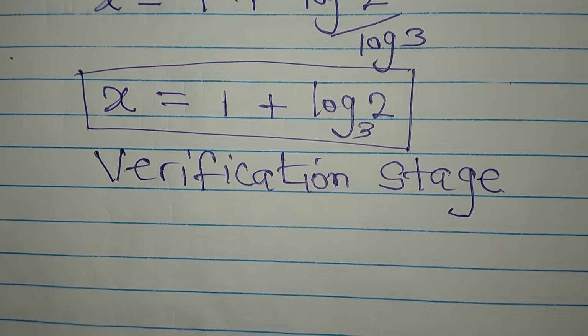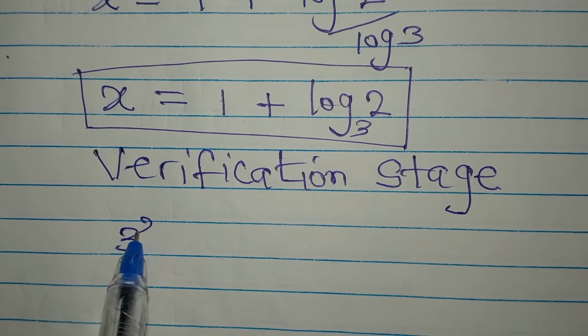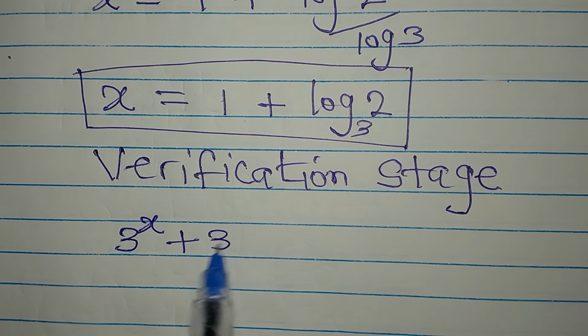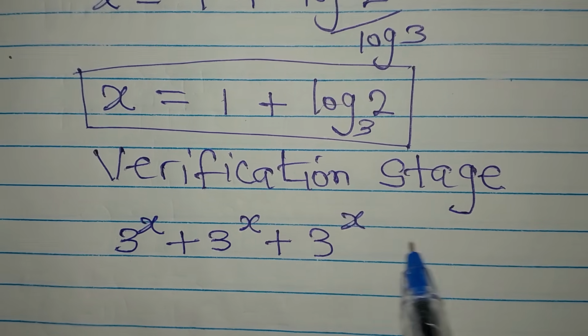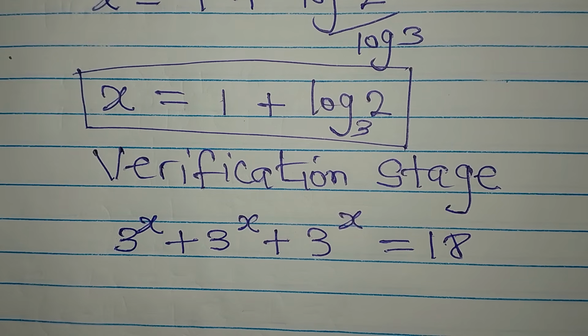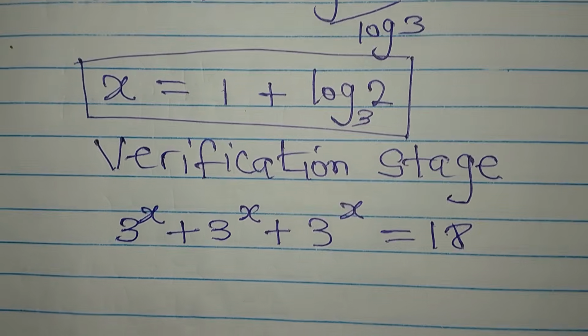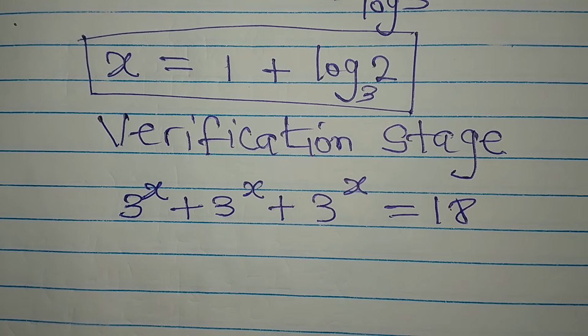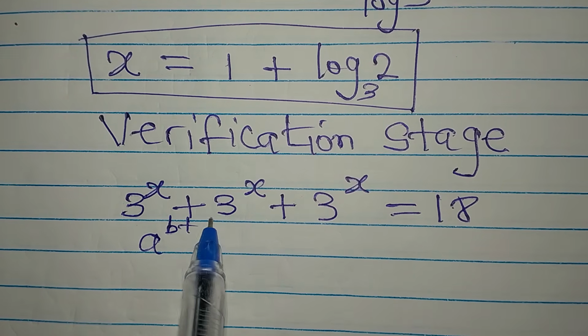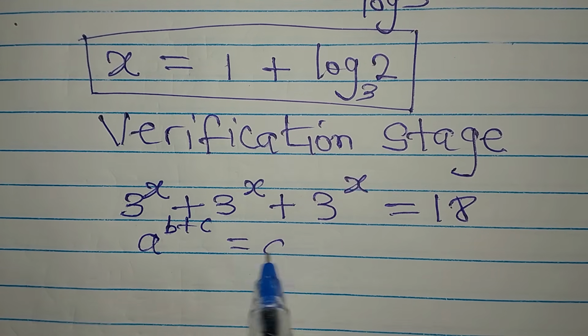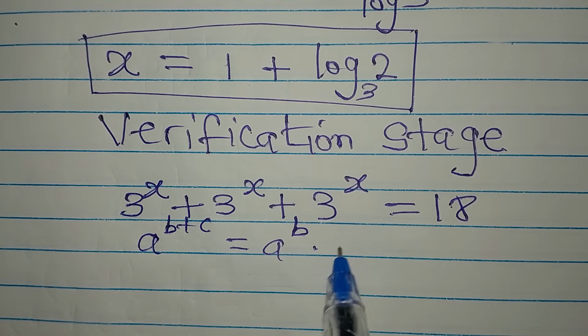Now the equation given to us is 3 to the power of x plus 3 to the power of x plus 3 again to the power of x equals 18. Now this is simple, because we already have what we are looking for. Before I proceed, remember that a to the power of b plus c will give you a to the power of b times a to the power of c.